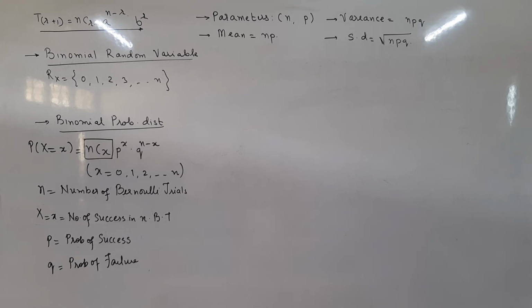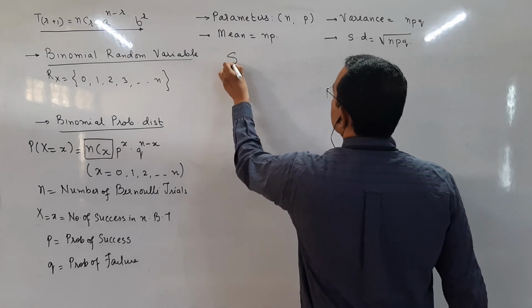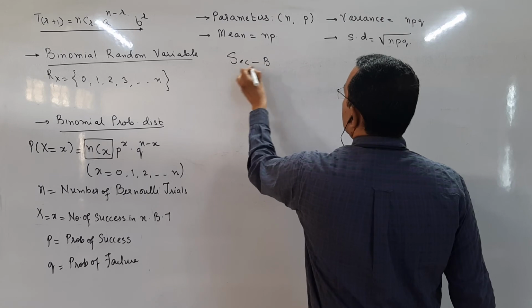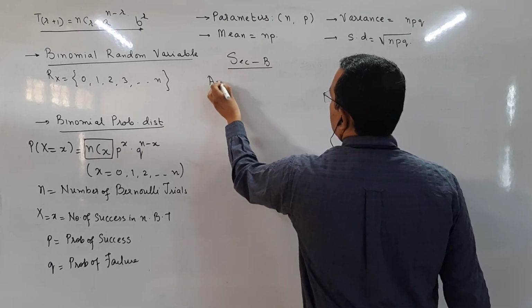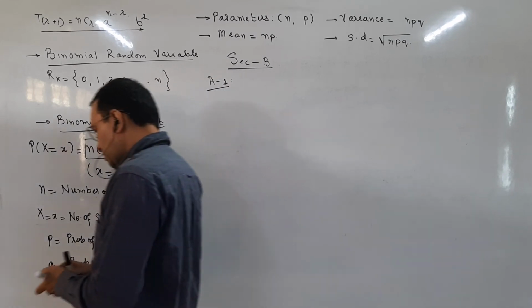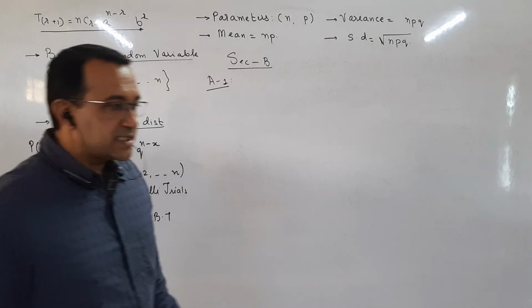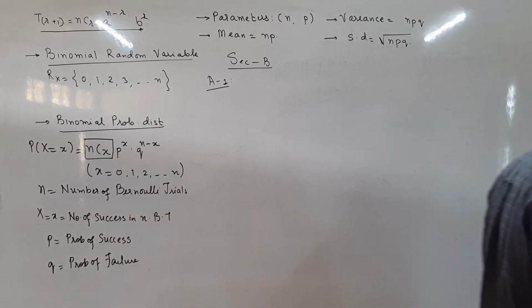Okay, section B, first question: define discrete random variable. We have already discussed this. Today we will complete section B and then go for short sums of section C. In section B, the first two questions we have already discussed.